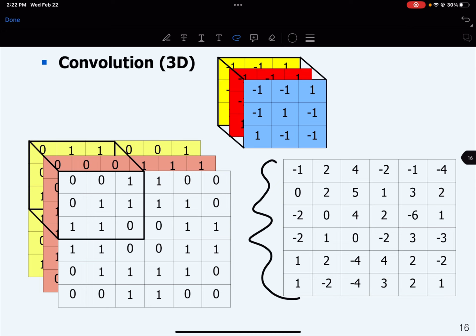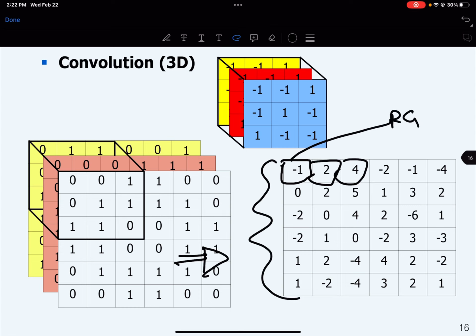The feature map extracted from the 3D image will again be a single value for each calculation. For each RGB, we will get a single value.